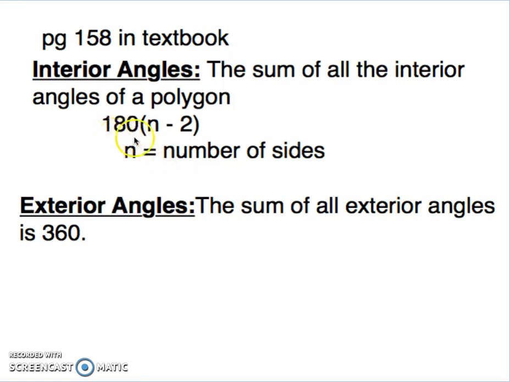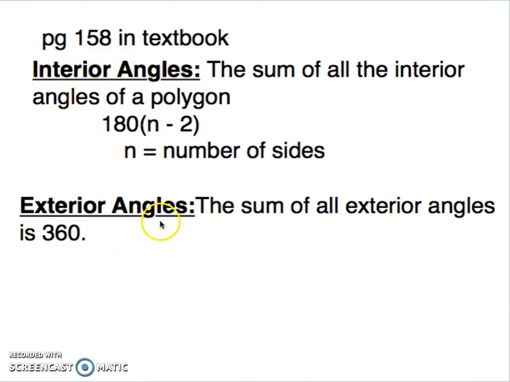So we have 180 times n minus 2. N always represents the number of sides that the polygon has. And as I stated before, if you're not sure of that, you can reference page 158.